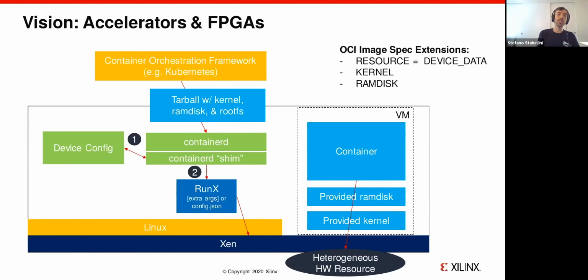And then containerd will deploy it, use something like FPGA manager to program the FPGA with the bitstream, then call RunX with the right argument so that the container gets started as a VM with direct hardware access to the FPGA block.